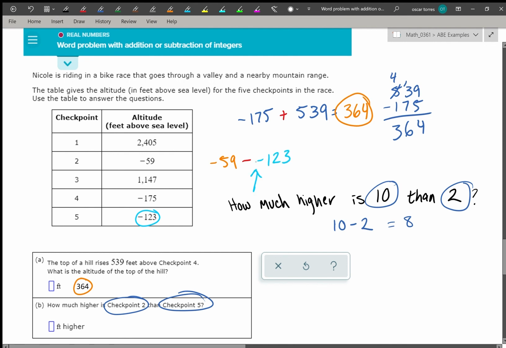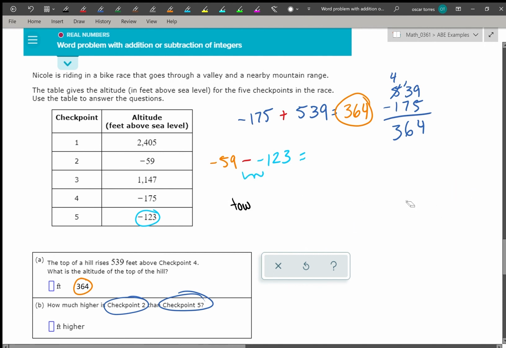Notice that I wrote down the negative and it's next to a minus sign that we had already written. At this point, we can rewrite the expression. So instead of having those two negatives next to each other, we can change it to a single plus sign. So our expression would become negative 59, and instead of minus a negative, it's going to become a plus, and 123 remains the same.